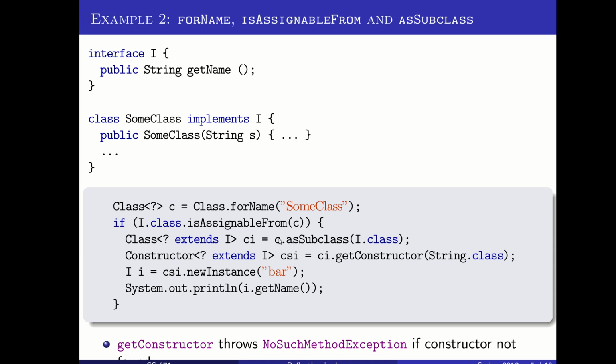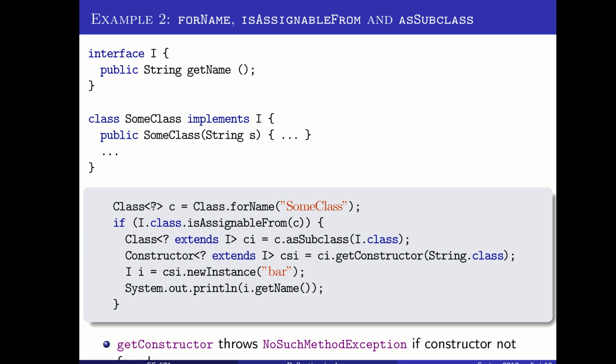And then I say C.asSubclass, which means basically sort of cast it or restrict it as a subclass of I. So take that SomeClass, and now we know that it's a subclass of I, so take it and cast it so that it's stored as something that we have confirmed is a subclass of I. That will allow me to treat it as an I, like creating an I variable and storing a new instance of that CI. I would not be able to do this with C.